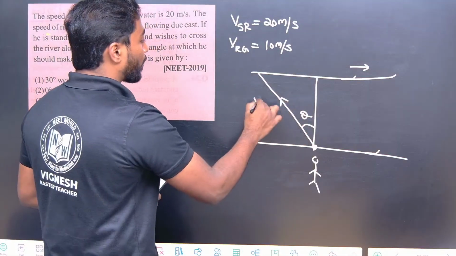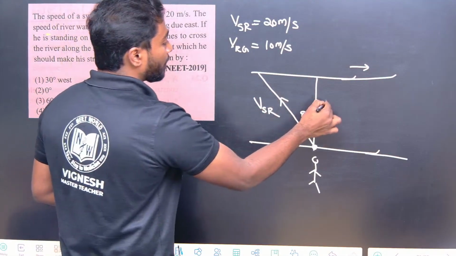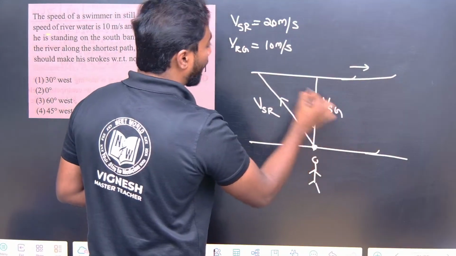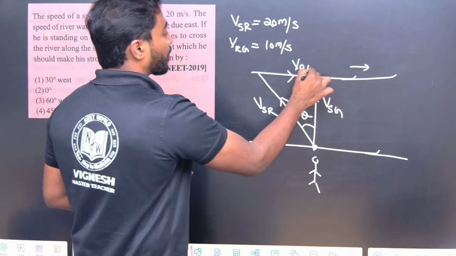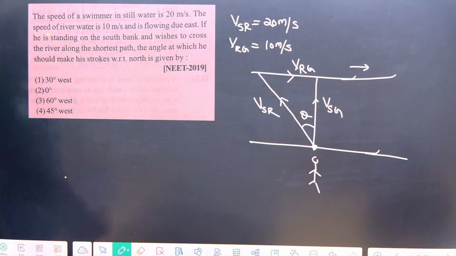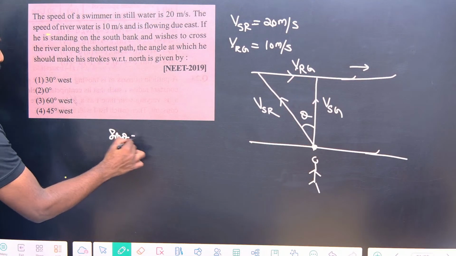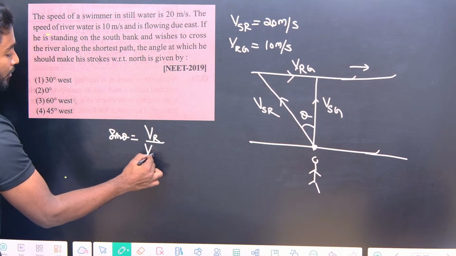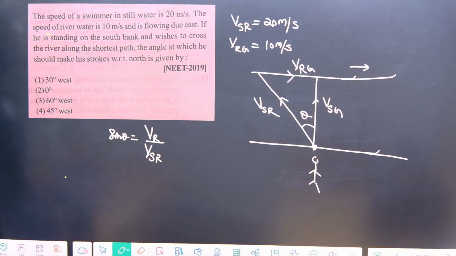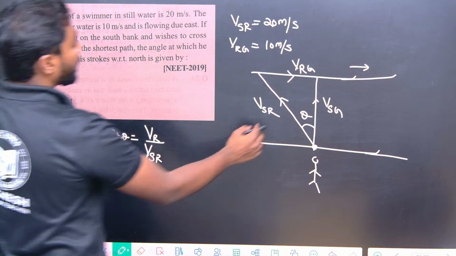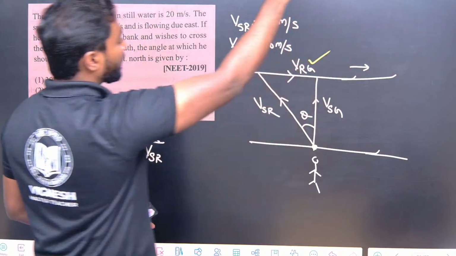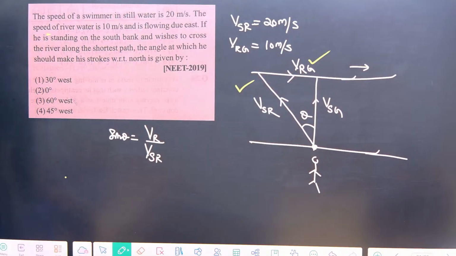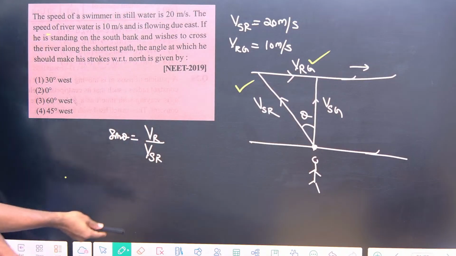This is the velocity of the swimmer with respect to ground, and this is the velocity of the river with respect to ground. So sin theta will be equal to opposite by hypotenuse, velocity of the river by velocity of the swimmer with respect to river. I know the velocity of the river with respect to ground and the velocity of the swimmer with respect to river, so I can use sin theta only over here.